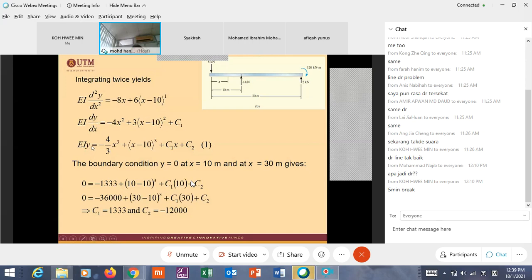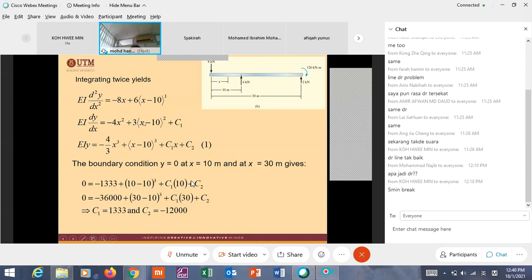Integrate again, you have deflection equation. Here, there is no continuous function, so just as usual, 8x squared divided by 2 equals 4x squared.